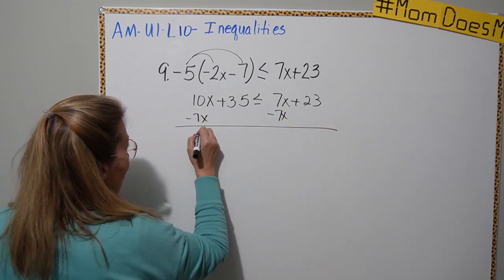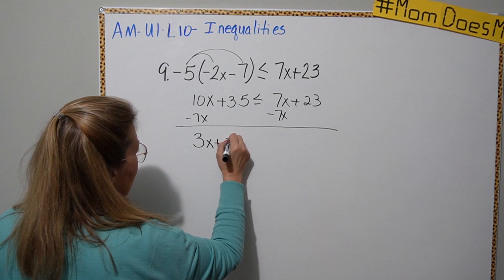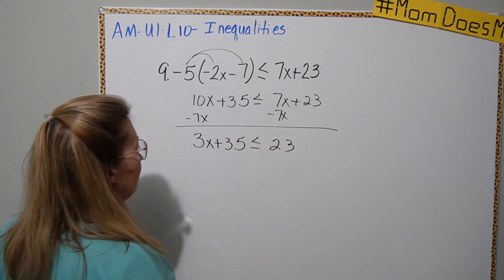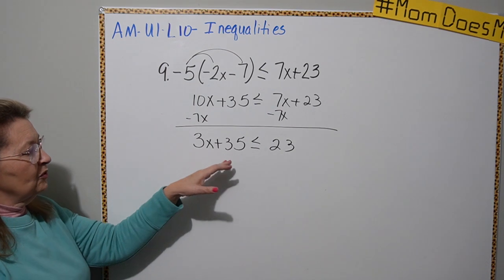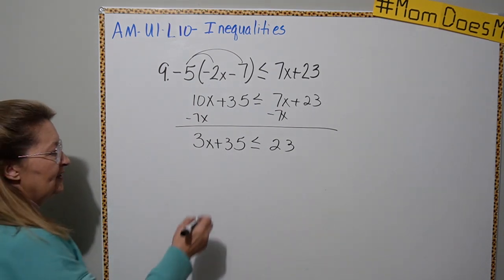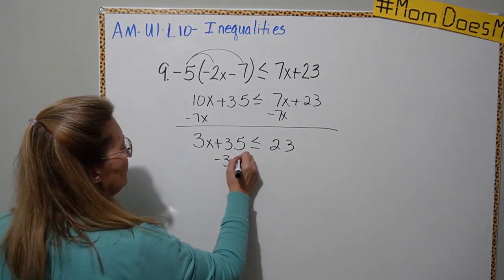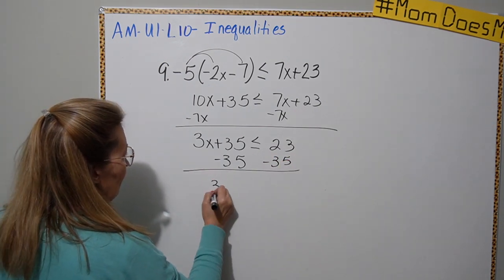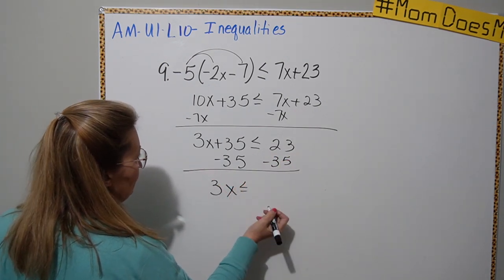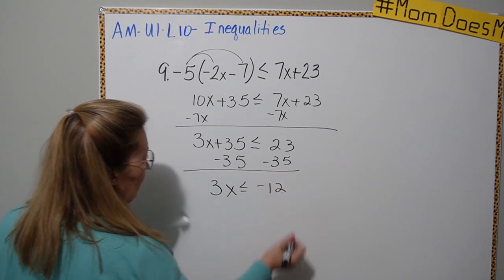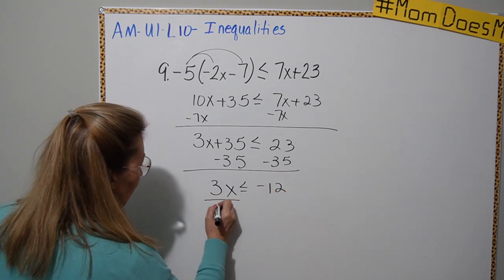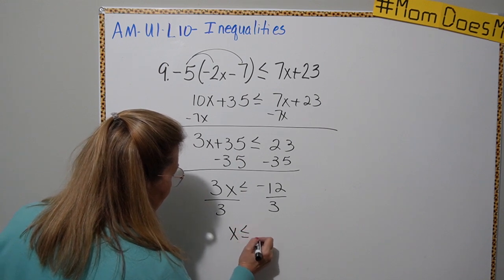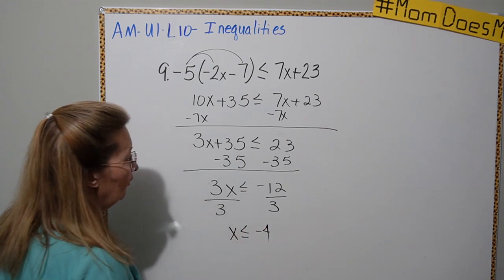So now I have 3x plus 35 is less than or equal to 23. Now I need to get rid of the number joined to the variable term by addition or subtraction. So I'm going to subtract 35 from each side. So now I have 3x is less than or equal to -12. Divide both sides by 3, and x is less than or equal to -4.